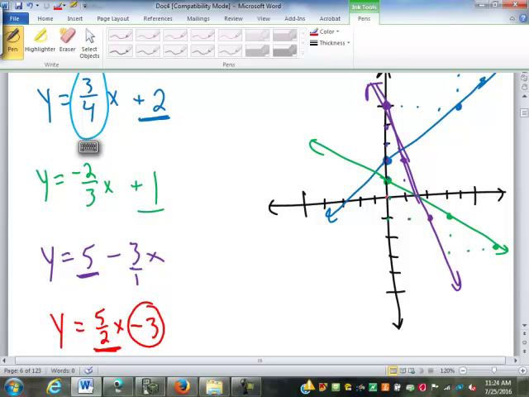So negative 3 means from the origin we start out down 3. Right there is where we start. So now we have that slope of 5/2. So from here, how much do we rise? 5, 1, 2, 3, 4, 5, and we run 2 right there. What do you think?